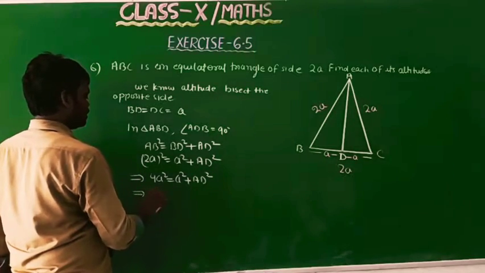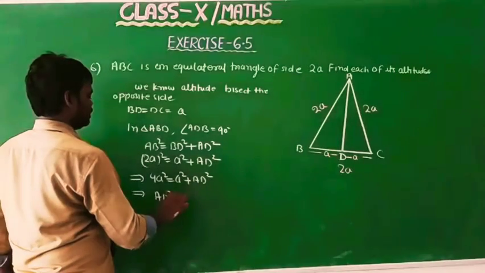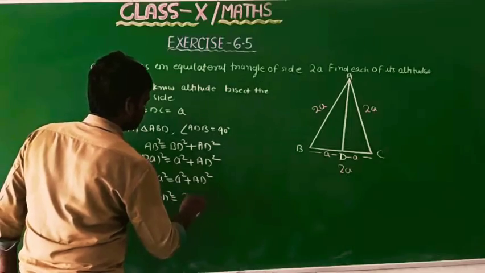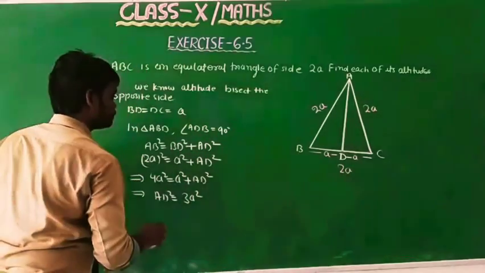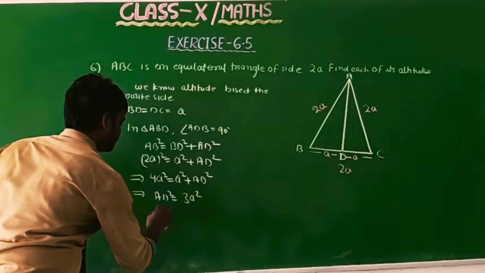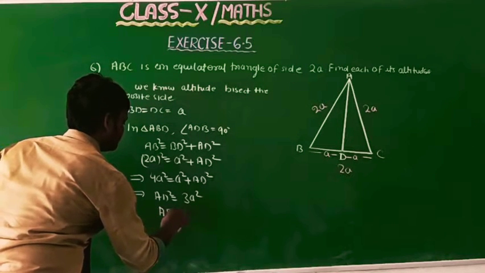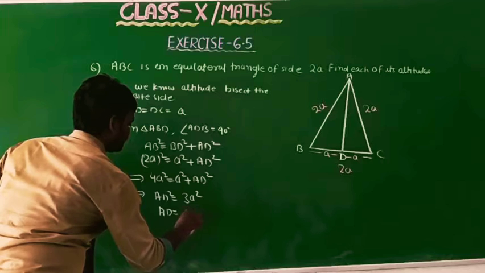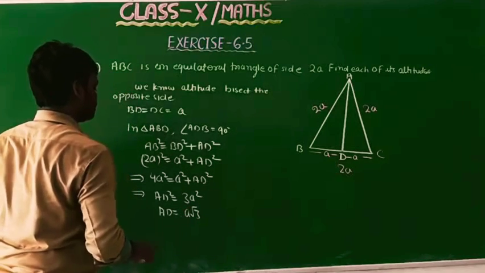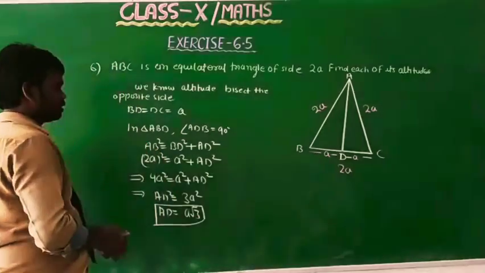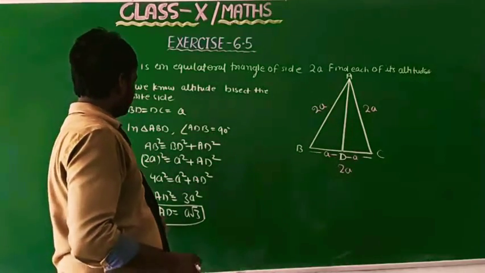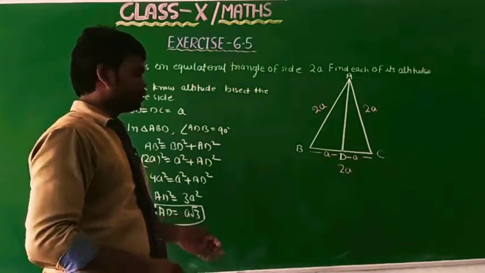This implies AD square equal to 3a square, and AD equal to a root 3. This is the altitude AD equal to a root 3.